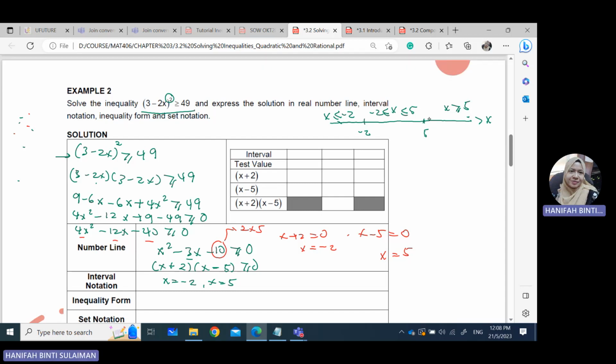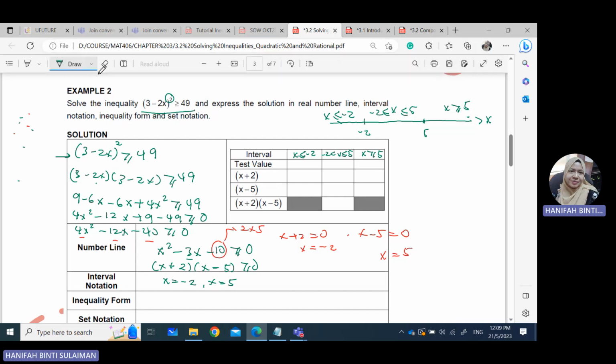Okay, faham? Alright, so kita ada 3 interval: x less than or equal to negative 2, x between negative 2 to 5, and x is greater than or equal to 5.